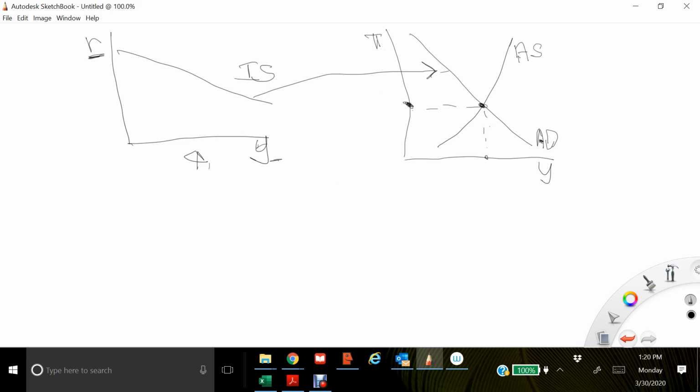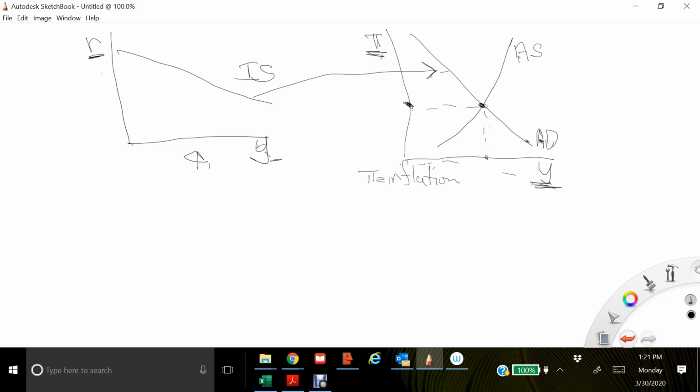Somehow we want to have the aggregate demand curve be a relationship between income and inflation. By the way, pi is inflation. So the IS curve is a relationship between income and real interest rates. We want to transform that into a relationship between real income and inflation.